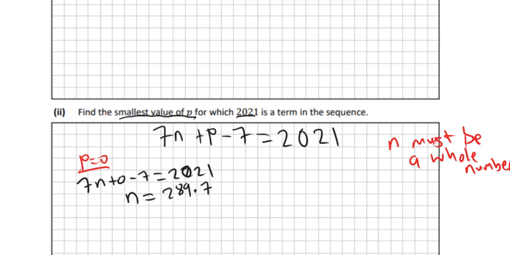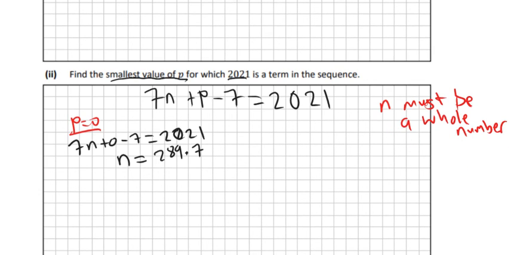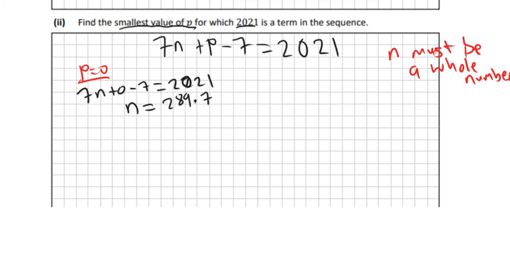So there's a bit of work in it, just subbing in numbers, but it's fairly straightforward. We just have to keep going until we get one where n is a whole number. So if you sub in 1, you get 7n plus 1 minus 7 equals 2021.